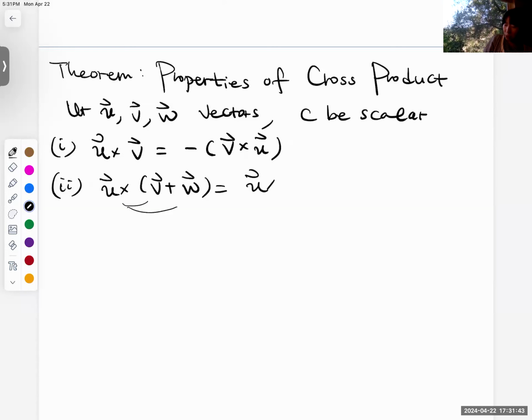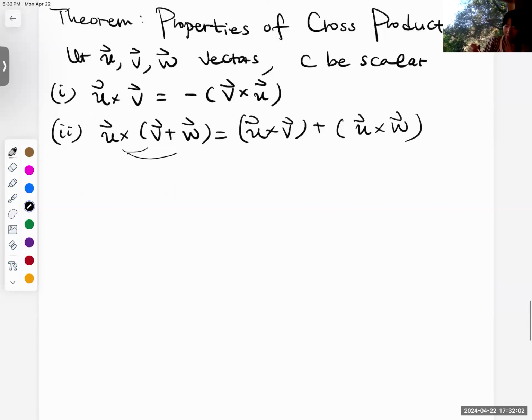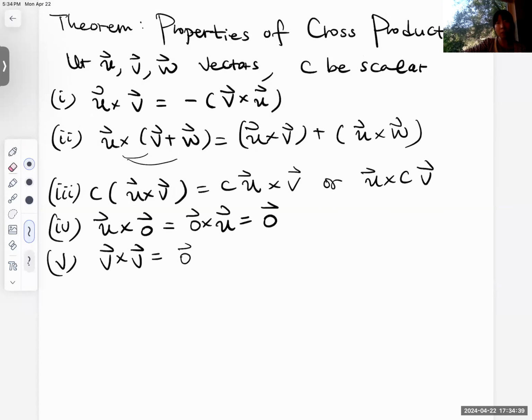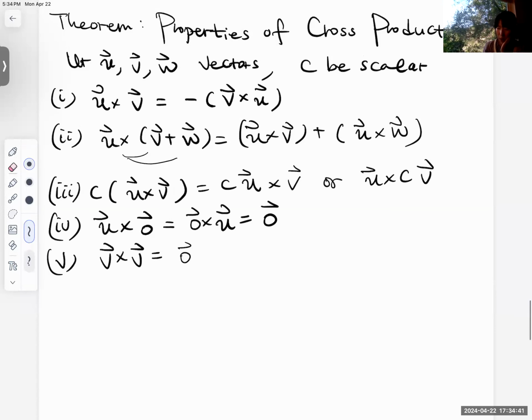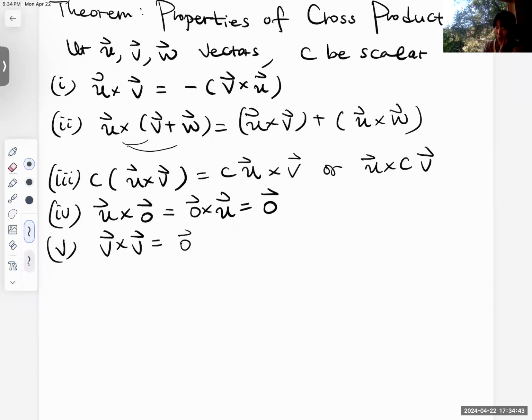So that will be U cross V plus U cross W. Okay, so we have the properties of a cross product, right?